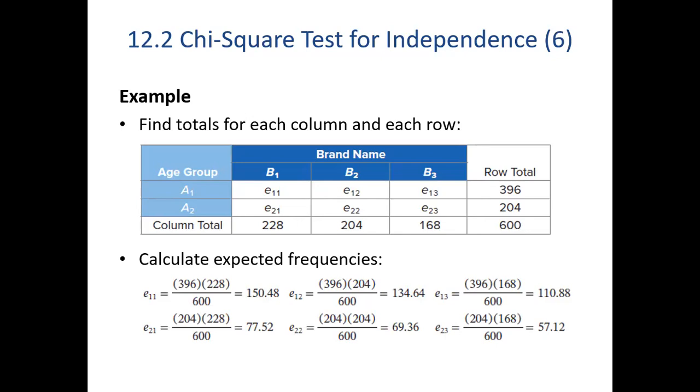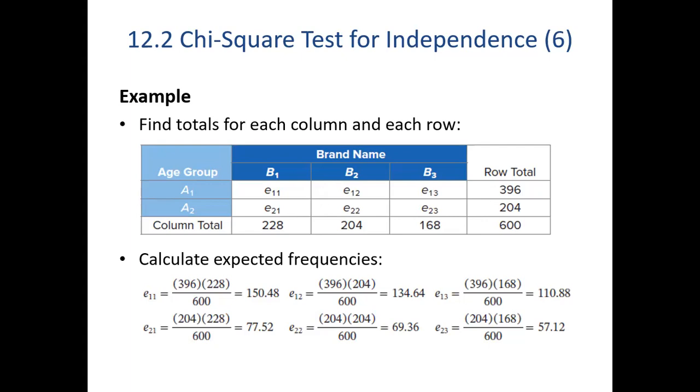150.48. Next, first row, second column, 134.64. Then the last one in the first row, third column, is 110.88.